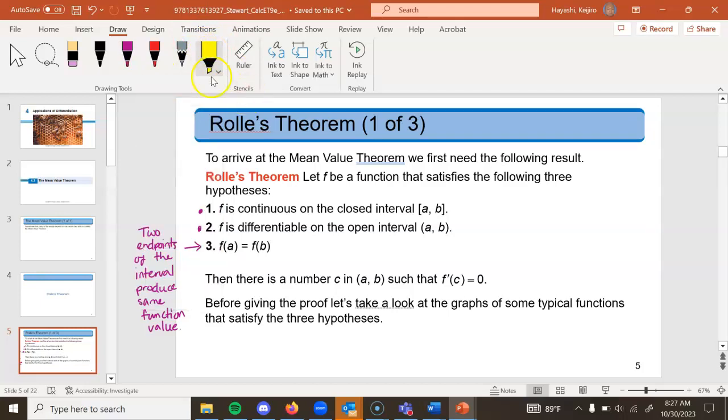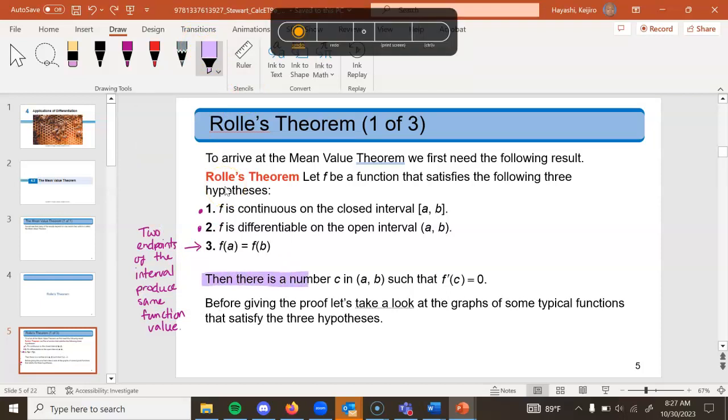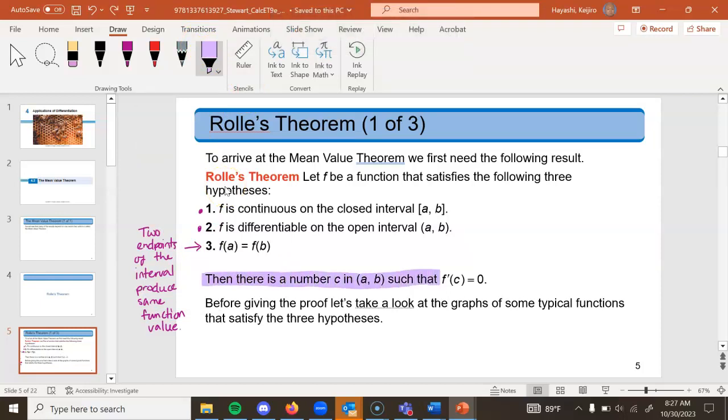If those three conditions are satisfied, then you can guarantee that there is some number on the inside of the interval, not the edge, but the inside of the interval, such that the derivative is 0.